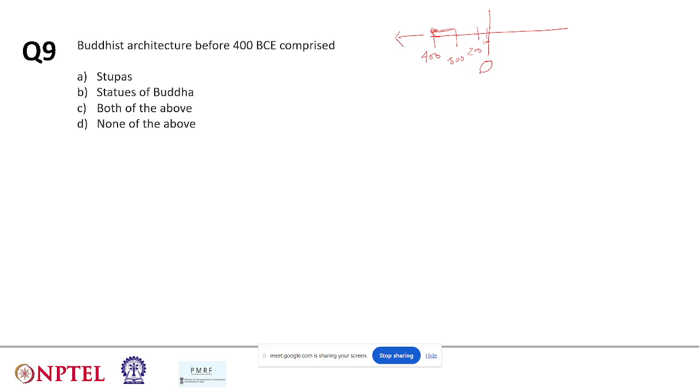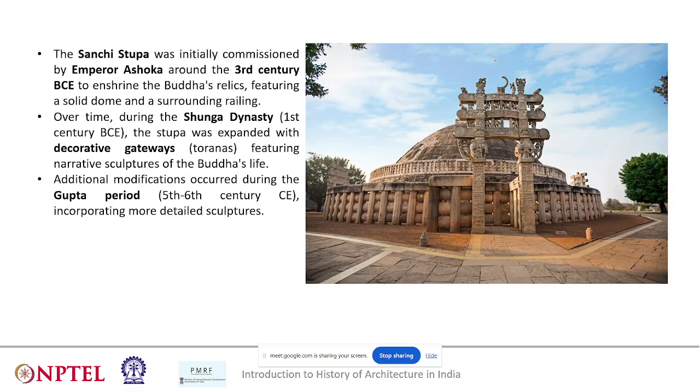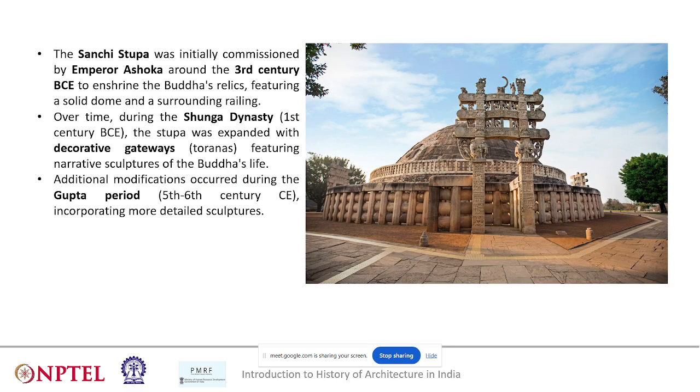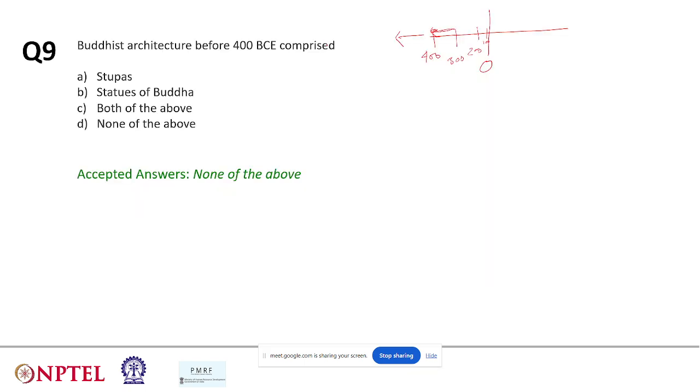What is the answer? Option D, none of the above. Absolutely. Very good, excellent. It's none of the above, because even the Sanchi Stupa, what is the question? Buddhist architecture before 400 BC. We have already seen the Barabar caves, which had a timeline of the 3rd century BC, around 300 to 200 BC, or maybe 250 BC.